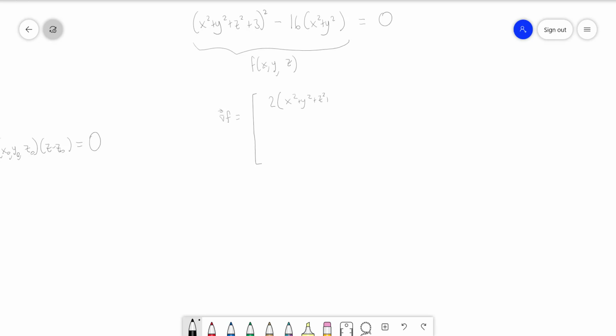Here I'm using the chain rule, so we'd multiply by 2x, so I'll change it to 4x on the outside. And then the other term with respect to x will give me minus 32x. The partial with respect to y will be very similar, and then with respect to z.